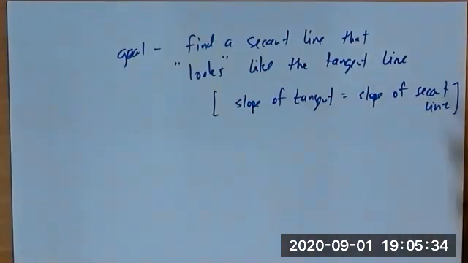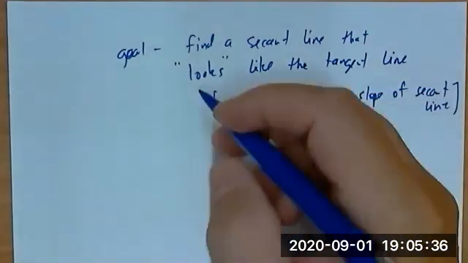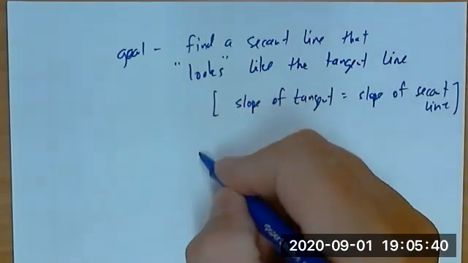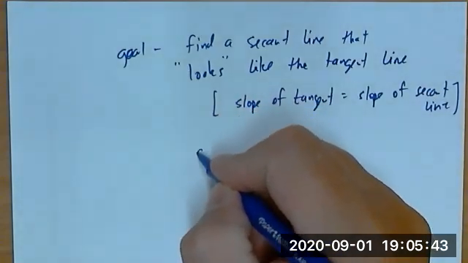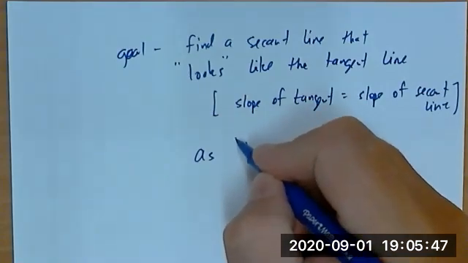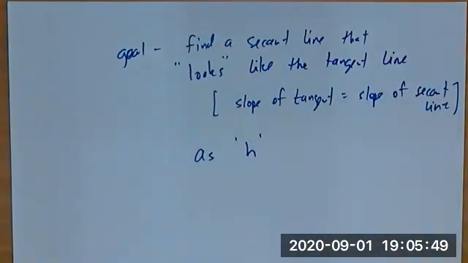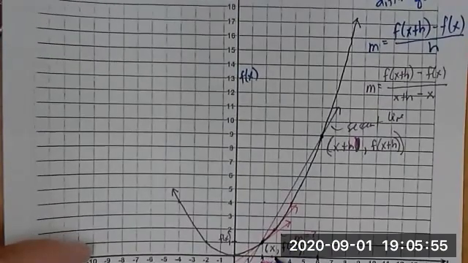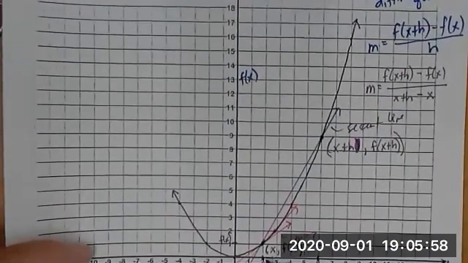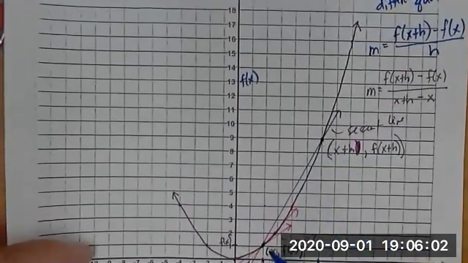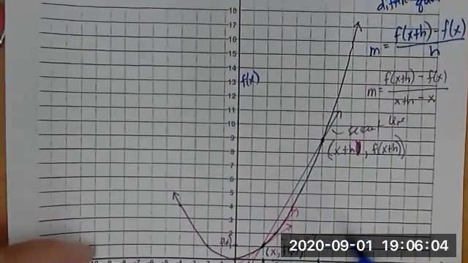How do we make this happen? Here's what I just said a minute ago. Let me state it and then we'll talk about it. As h, remember h is the run distance, the x distance between the two points, so as the second point gets closer, that h gets smaller.